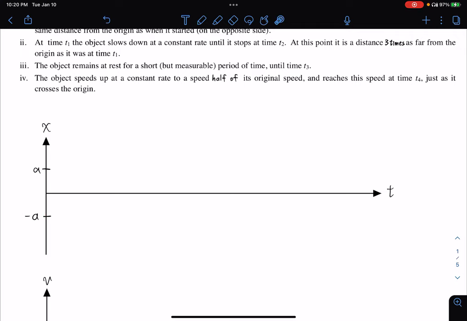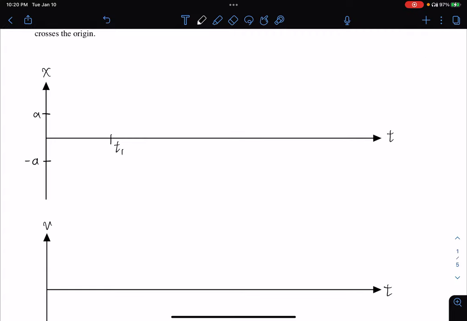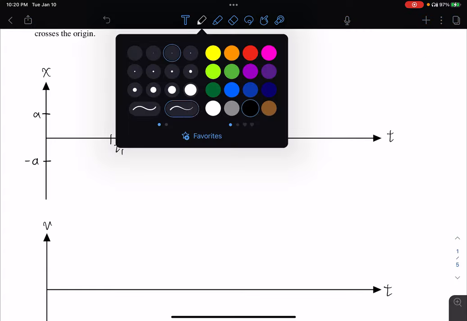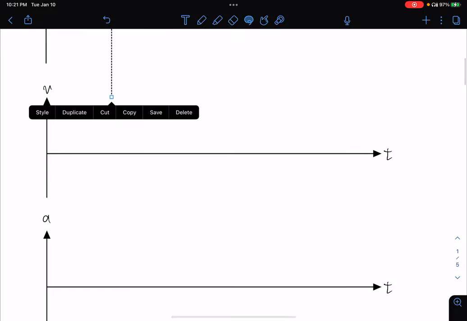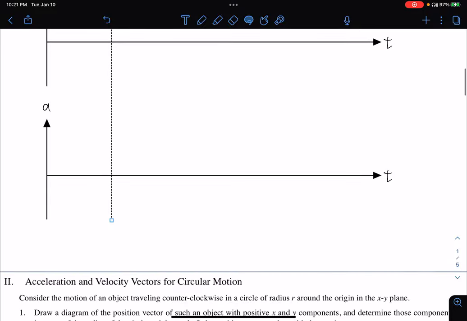So it will go from a to minus a, from t equals 0 to t equals t1. Now, we can draw some dotted lines to help guide the line that it should arrive at. And let's draw some vertical lines to synchronize the time throughout these three graphs, all the way down.